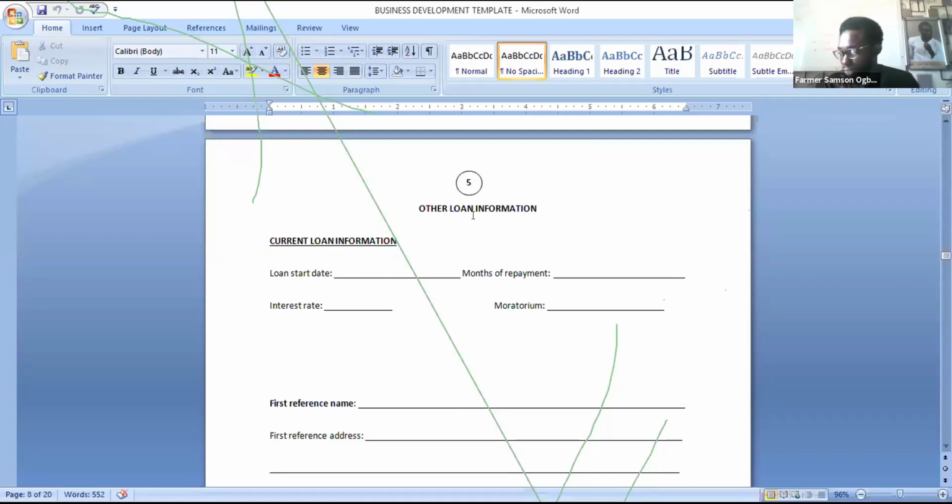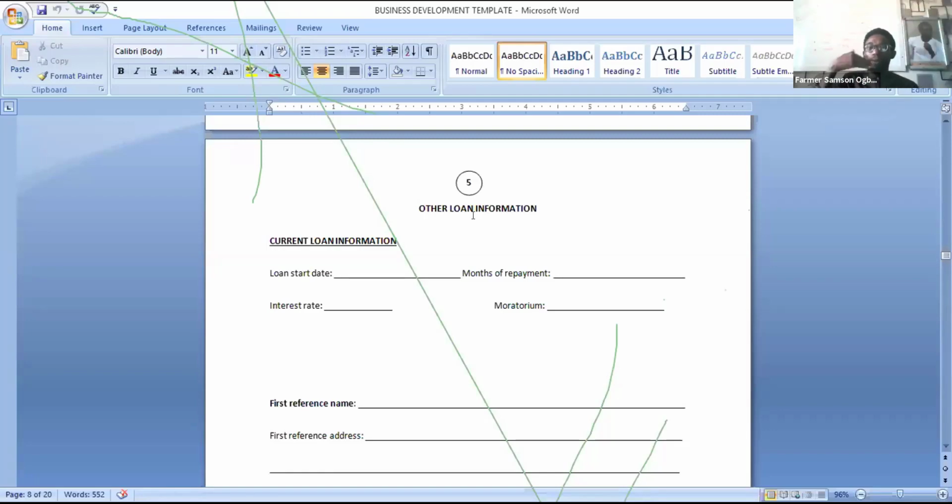So moratorium is, if I borrow money, this is July. If I borrow money in July, and I tell the person I am going to pay you back in December next year, however, the person says, don't worry, I am going to start counting the loan from January.